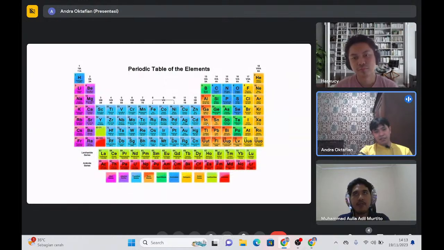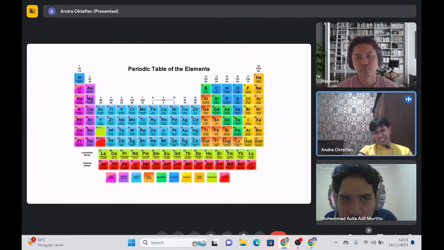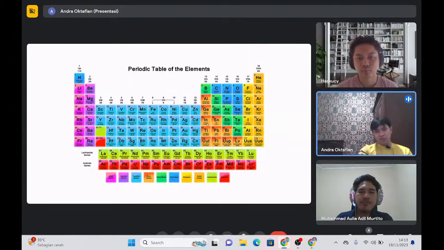Usually we work with group A, which ranges from 1 to 8. Group 1 means it contains 1 valence electron, and group 8 means it contains 8, a complete set of electrons. So every single compound or substance wants to become a noble gas, like those in group 8A.